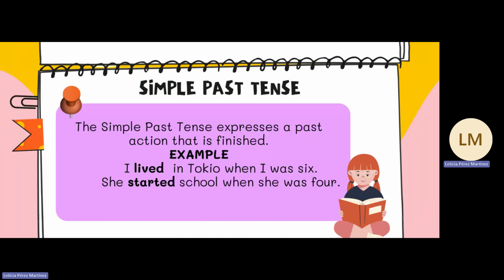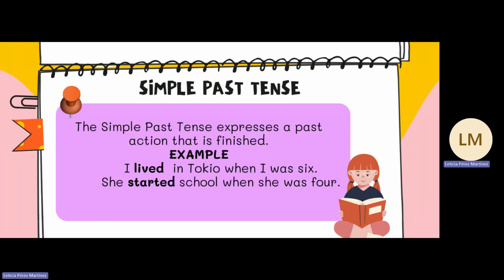Okay, something that is very important and relevant in this simple past tense is how we are going to pronounce the verbs in a regular form. The ending of the verbs in a regular form is ed. However, according to some rules you're going to check later, you have to read correctly the pronunciation of these verbs.